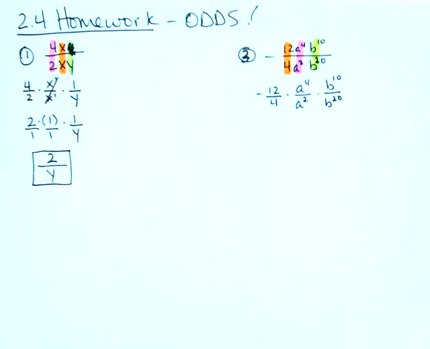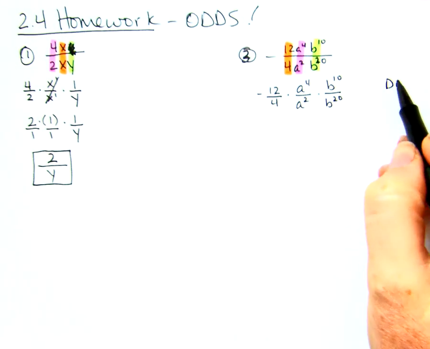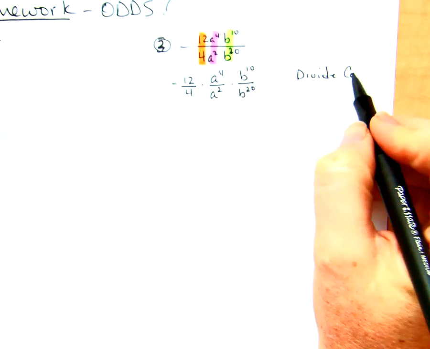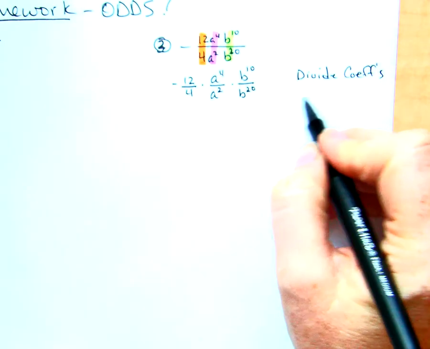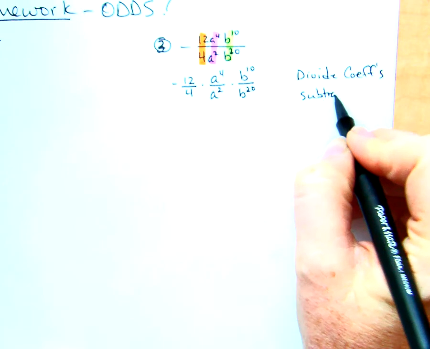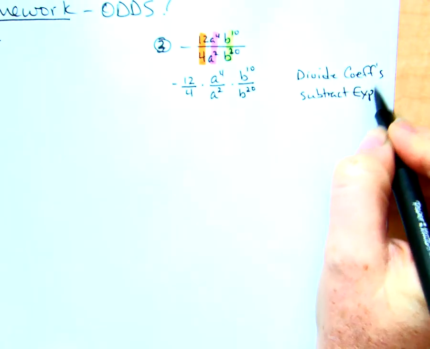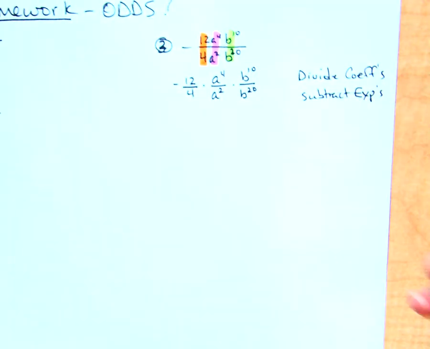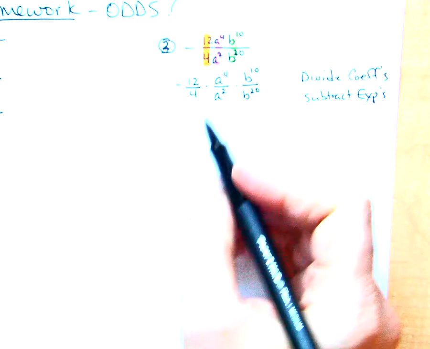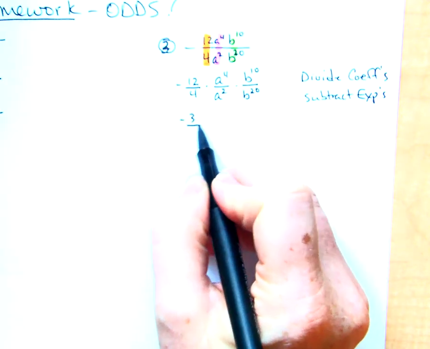From here, after we separate, we're just going to subtract the exponents. So we divide the coefficients and we subtract the exponents. 12 divided by 4, that's going to be negative 3 over 1.